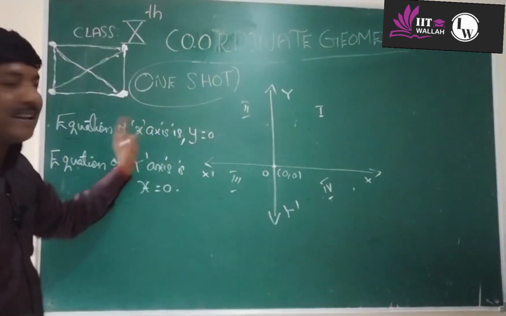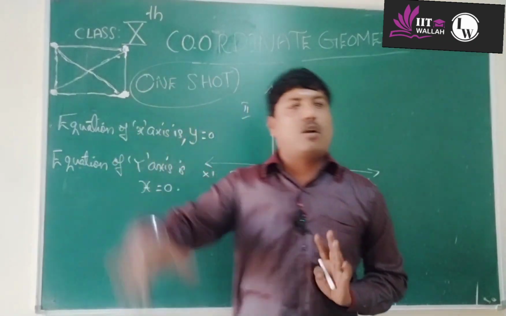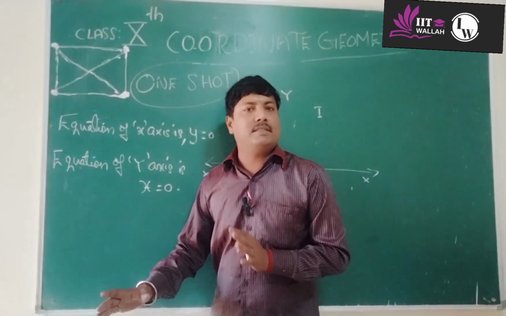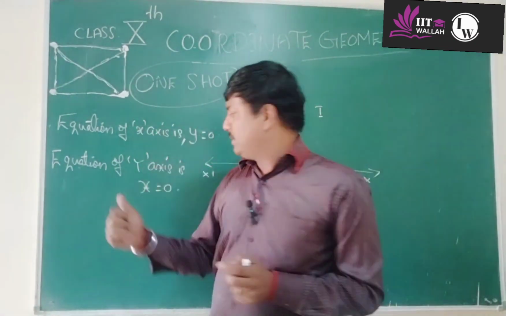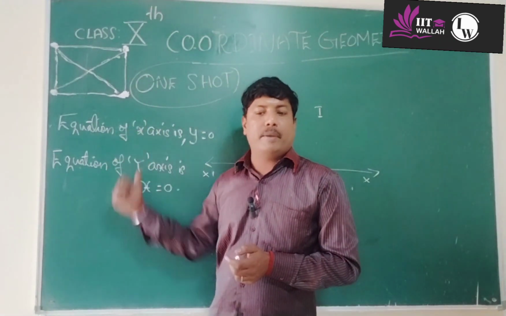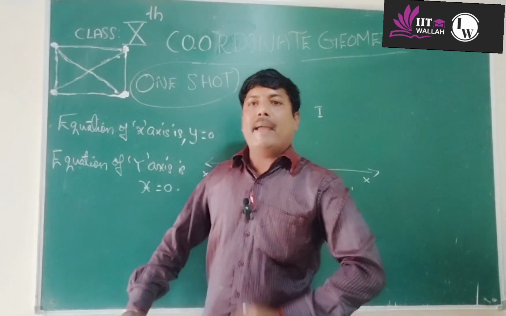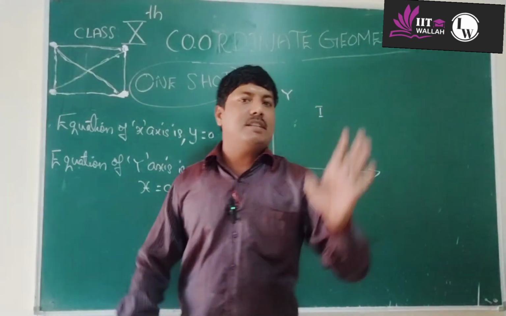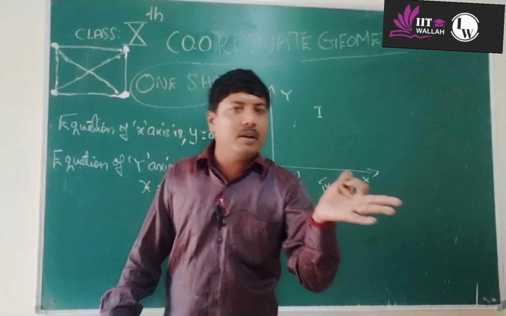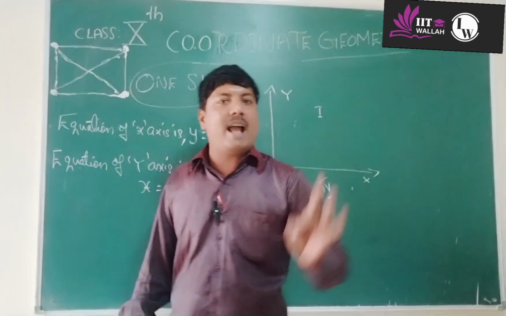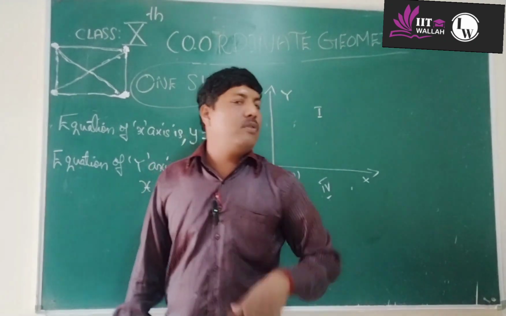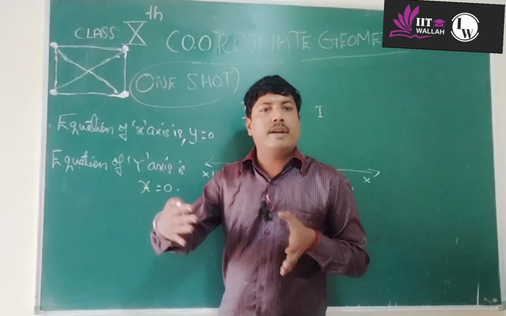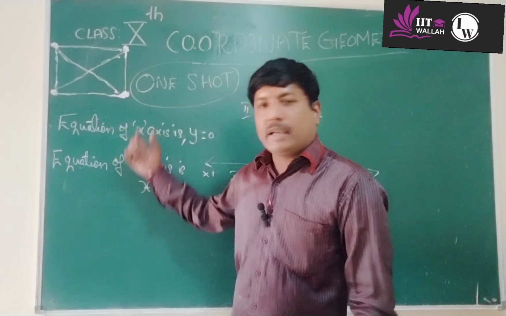The equation of the x-axis is y is equal to 0 and the equation of the y-axis is x is equal to 0. These 2 points you need to keep in your mind. Mainly there are 4 formulae in this chapter: distance formula, section formula, area of triangle and midpoint formula.